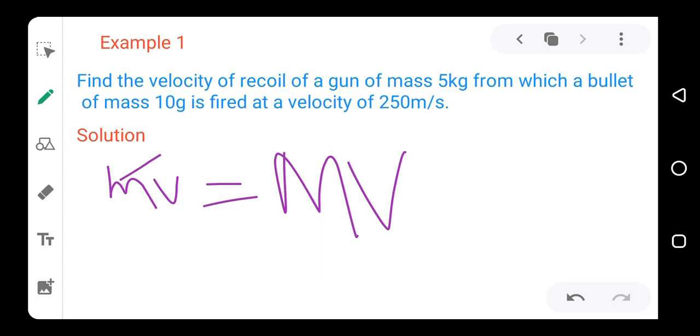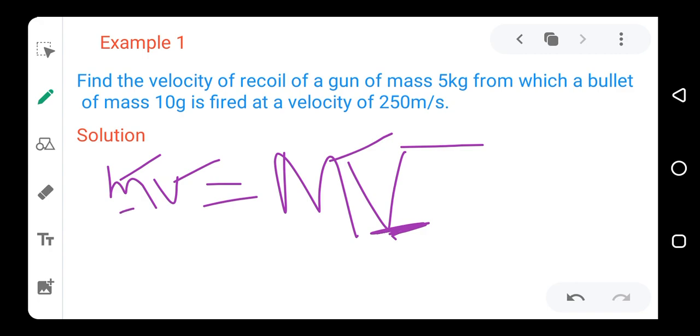This is the mass of the bullet and this is the velocity of the bullet. This is the mass of the gun and this is the velocity of the recoil. Now we are looking for this velocity of the recoil.